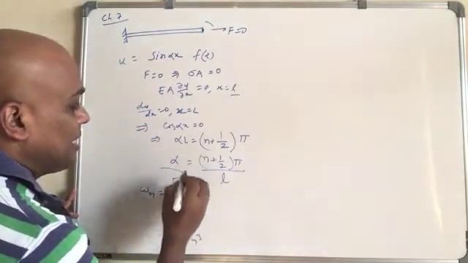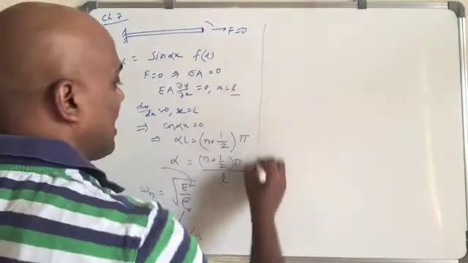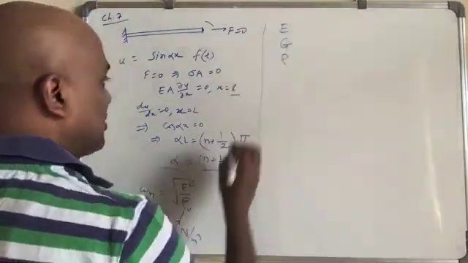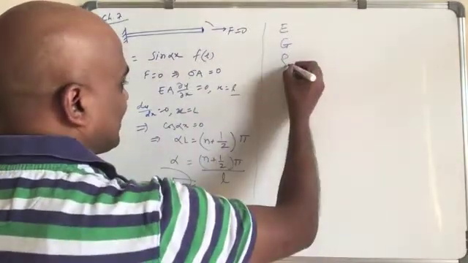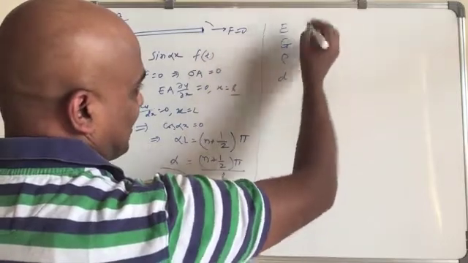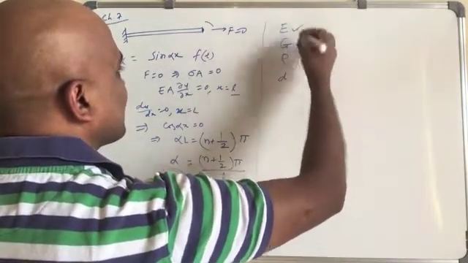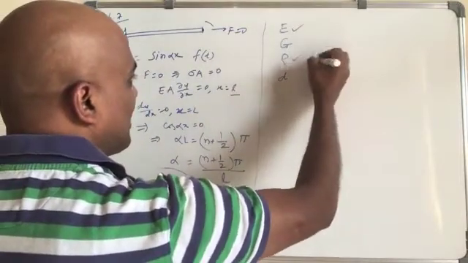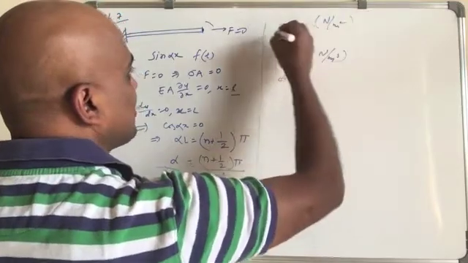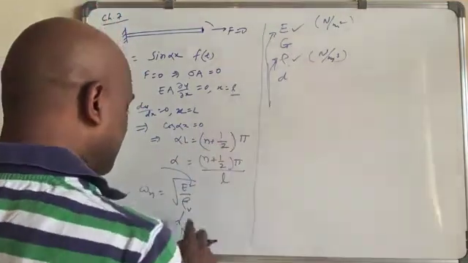Here it will be E, not G. Even if I gave you a problem with E, G, and rho all given, the density rho is a material property, and there may be some diameter as well. But finally what is relevant here is E and rho, right? Rho is in Newton per meter cube, and E is in Newton per meter square. These are the two things relevant for the c part.